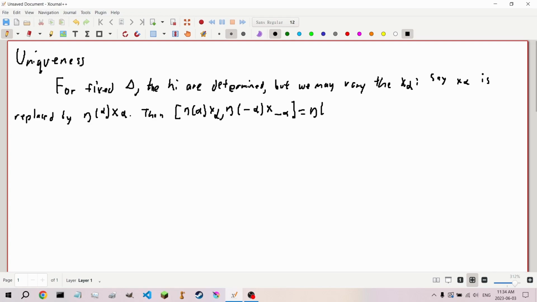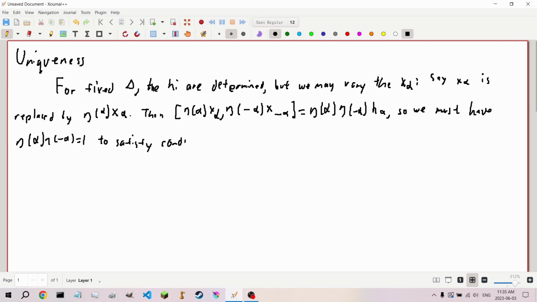This is of course going to be eta_alpha eta_negative_alpha h_alpha. So we must have that eta_alpha times eta_negative_alpha is 1 to satisfy our first condition, which they call condition A.